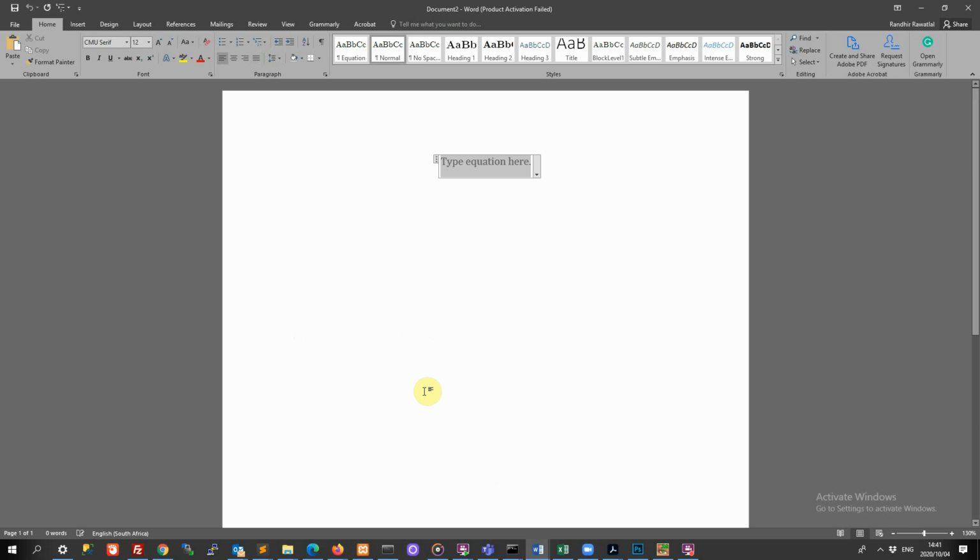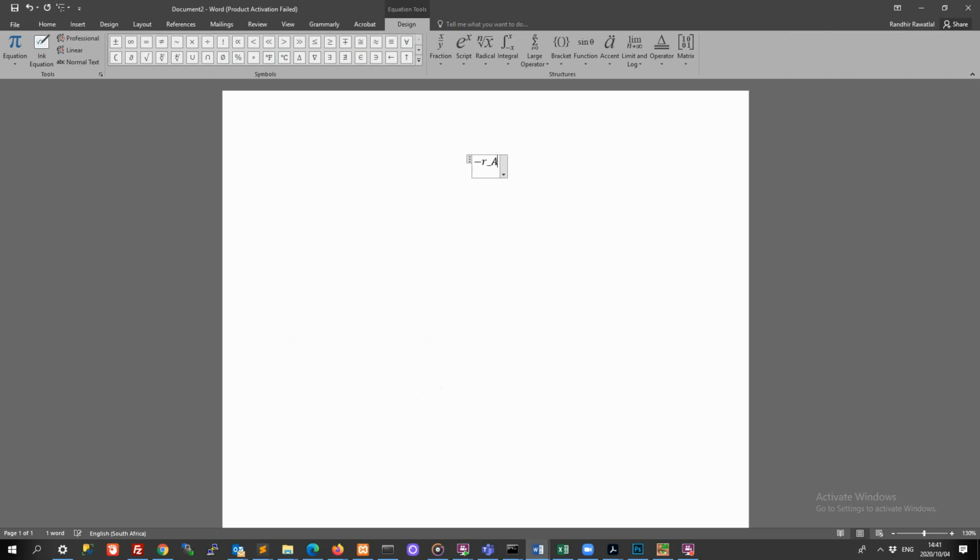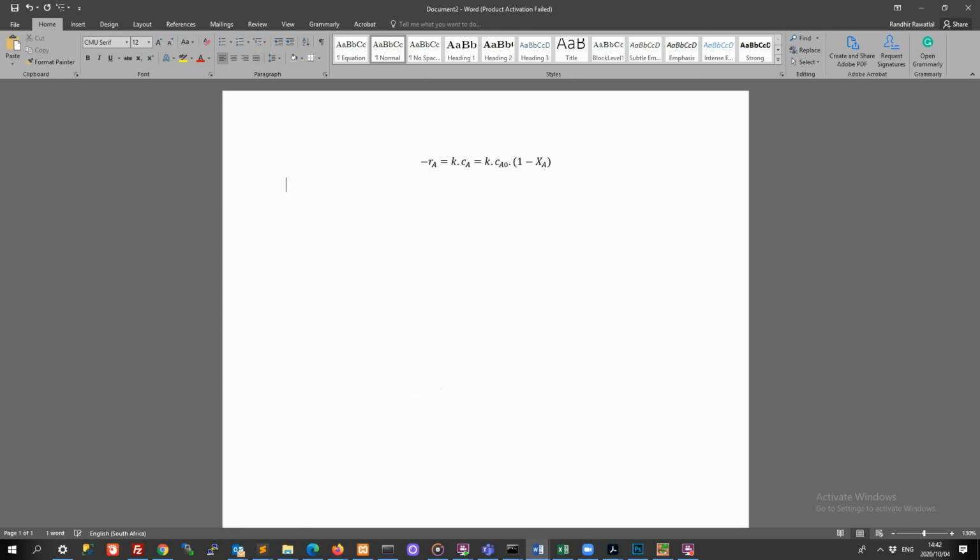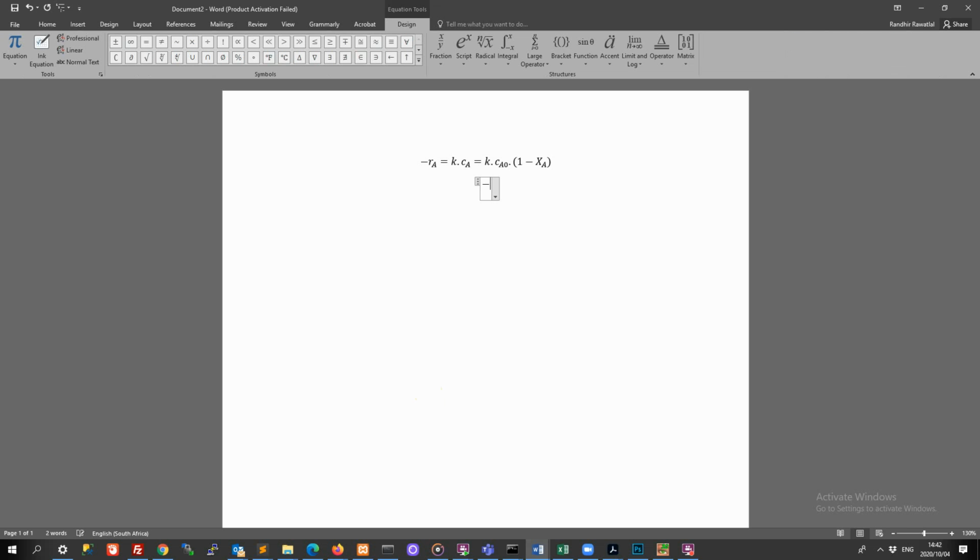let's say we have something like minus RA equals k CA, then of course we could rewrite that as k times CA naught times (1 minus XA), and we then want to plot minus 1 over RA.